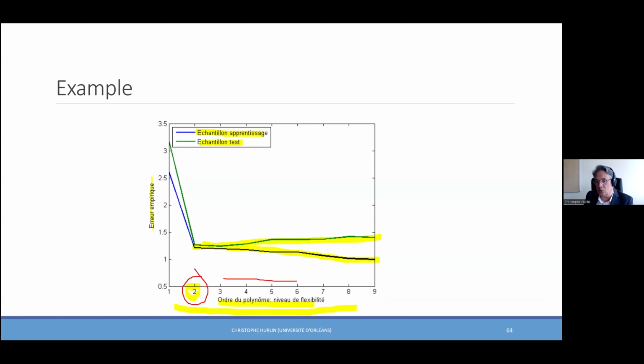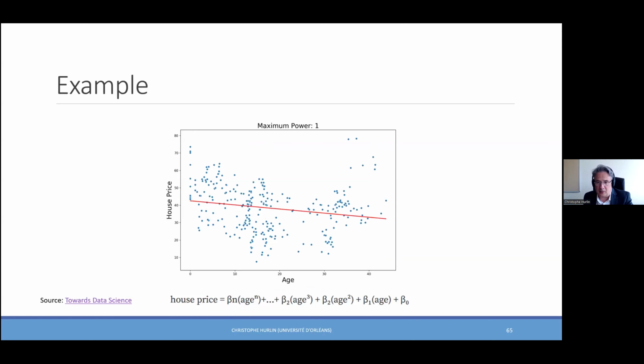If I increase the order of my polynomial, I will decrease my mean square error on the training data set. I will have a better R squared with a polynomial of order 9 than with a polynomial of order 2. But if I use this model on new data, the risk is that I will have a lower predictive performance.